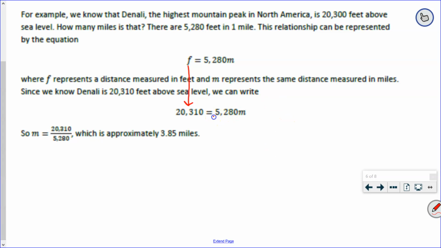How do I solve this equation? We simply divide each side by 5,280. So m is equal to 20,310 divided by 5,280. Calculate that if you need to, or trust that this lesson has it correct, and it's approximately 3.85 miles.